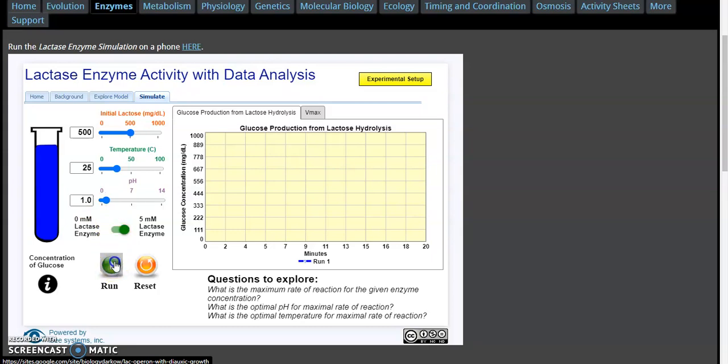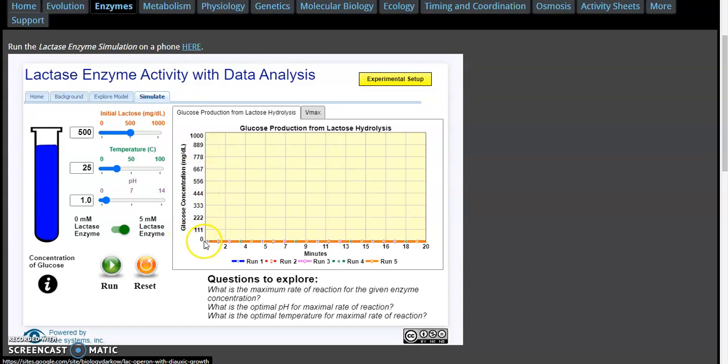So here we go. 1, 2, 3, 4, 5. Okay, so again, remember from left to right is time. On the left end we have 0 minutes, and on the right end we have 20 minutes. So over the span of 20 minutes, 0 glucose was made, because that's what bottom to top is.